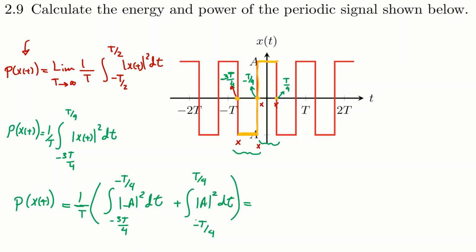If I add these two up, this equals 1 over T times, and we previously calculated this part for the energy of the signal, which equals A squared times T. If I calculate this, it equals A squared. So that means this is the power of this periodic signal.